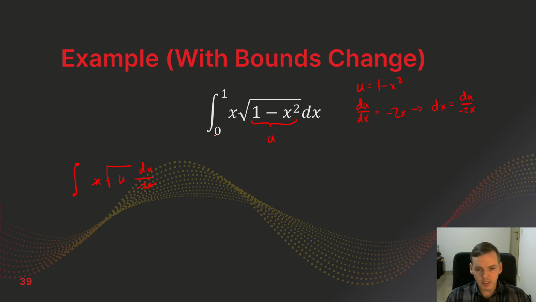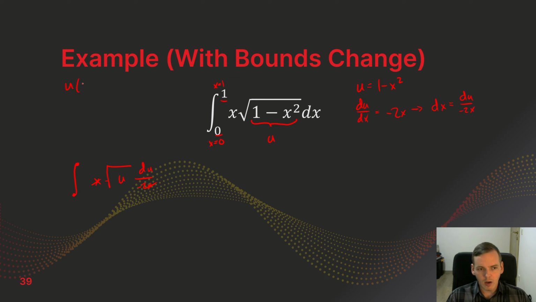Now, this 0 is actually telling you x equals 0, and this 1 is telling you x equals 1. But our integral is now in terms of u. It's from u of something to u of something else, because u is not equal to x. So we need to figure out what those are.